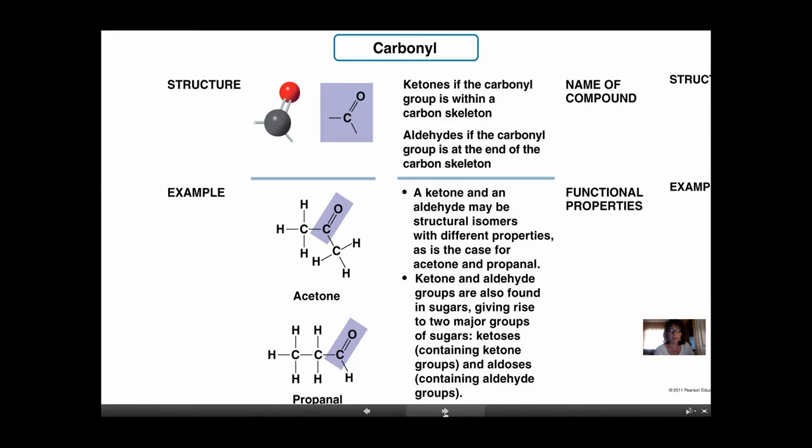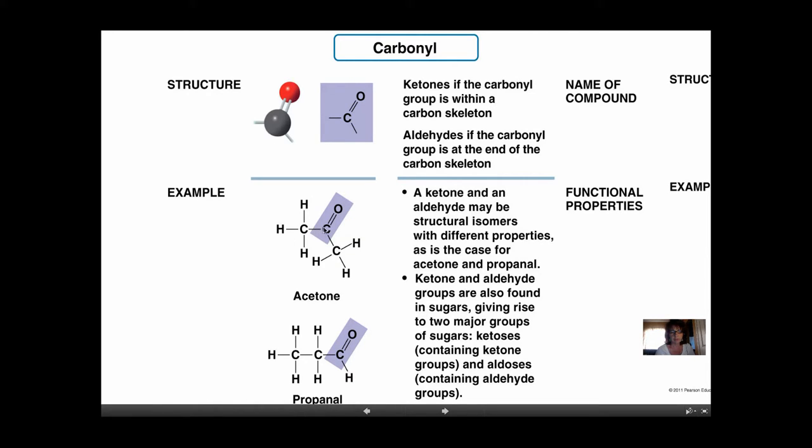So a carbonyl functional group is going to add some polarity to the molecule. It's a carbon either at the end of a structure or in the middle of a structure, and it has a double bond to oxygen. The name of the group is carbonyl, and it can have two different names depending on the location. This functional group is called a ketone if the carbonyl is in the middle of a carbon skeleton like this.